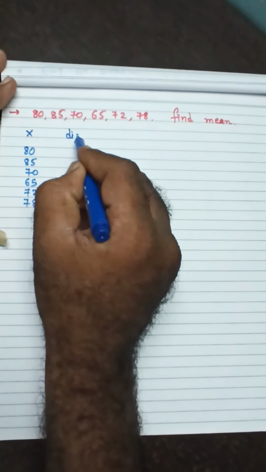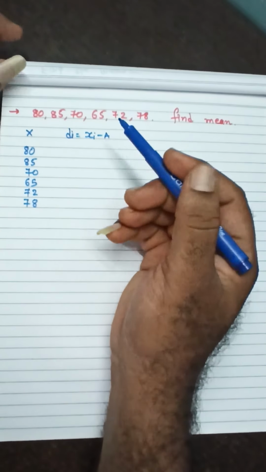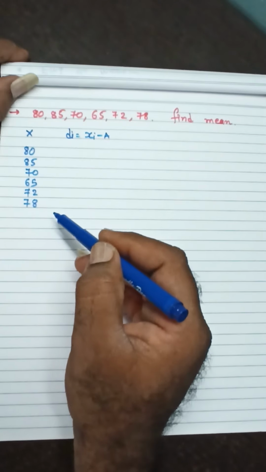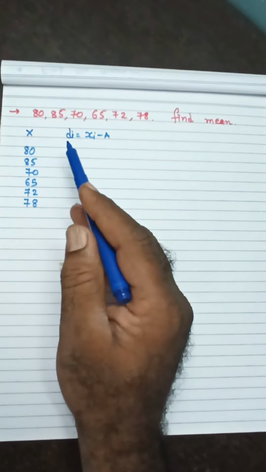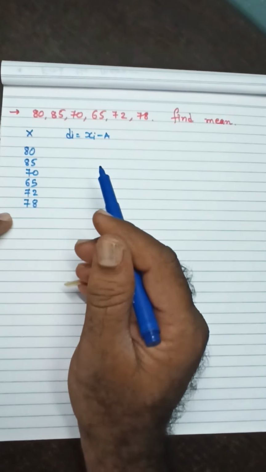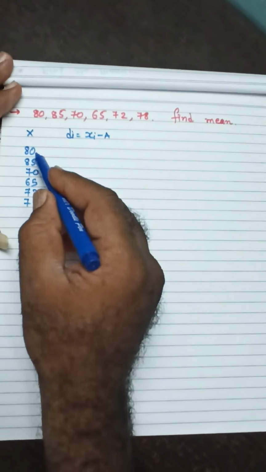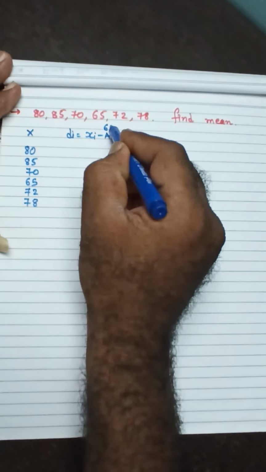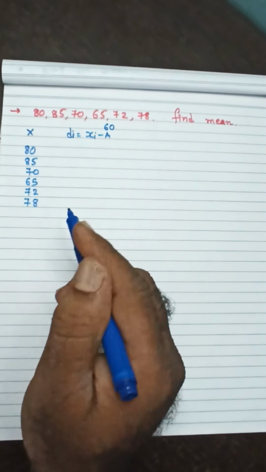So di is equal to xi minus a. Let us assume 60. It is not compulsory that the assumed number must be from the given numbers. So I would like to assume 60. Suppose 60 will be deducted from each and every value of x.